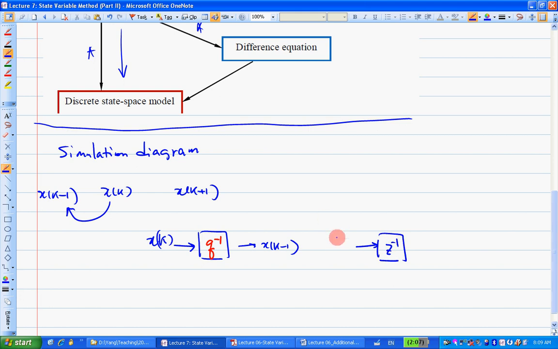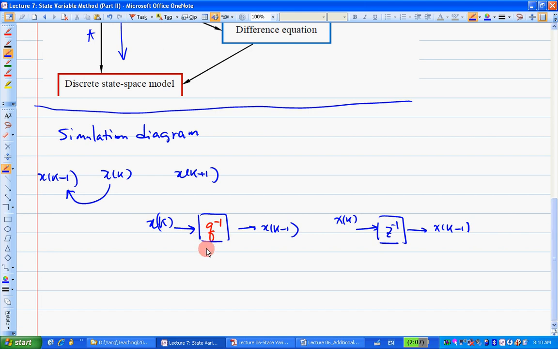That's actually quite easy to understand once we have learned the z transform. The subtle difference is why people use a q: they consider using q to process this x of k. With z, in a more rigorous manner, the z doesn't operate on the k.